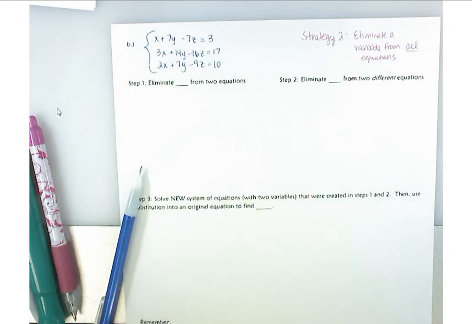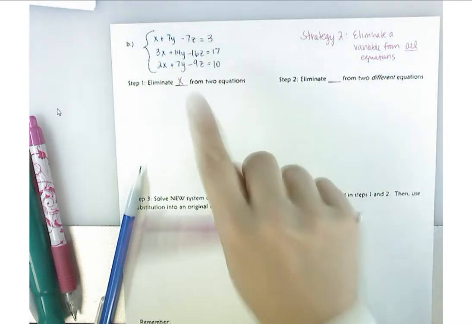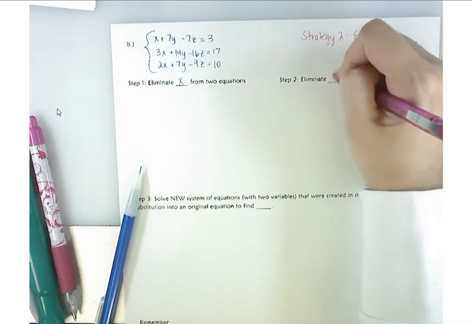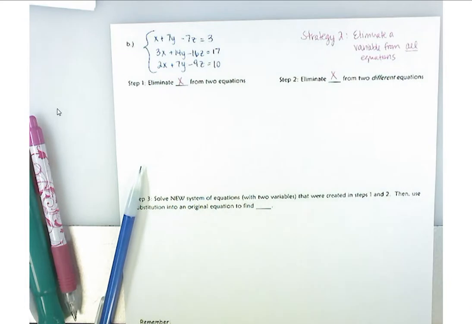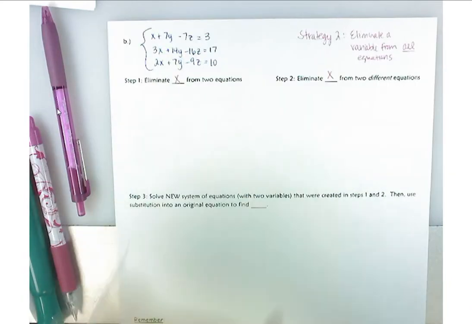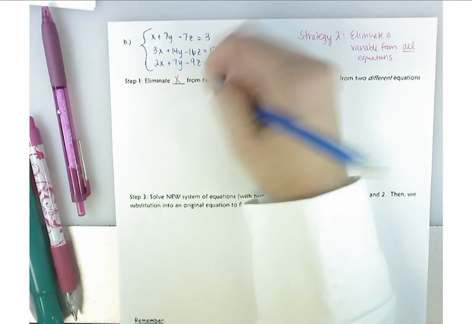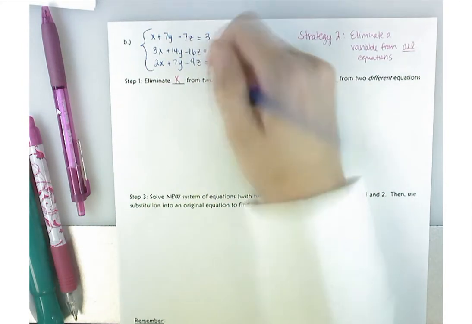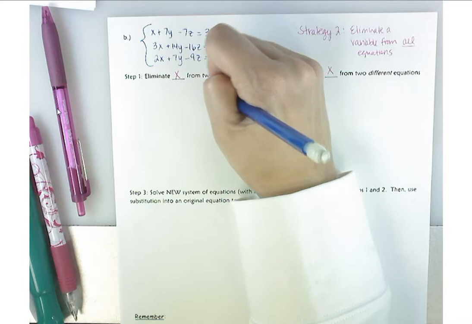What I'm going to do is I'm going to eliminate x from 2 equations, and then I have to eliminate x from 2 different equations. Now again, you can pick any 2 equations to start with. So if you wanted to start with 2 and 3, you could do that. I just always start with 1 and 2 because I do it in a systematic fashion.